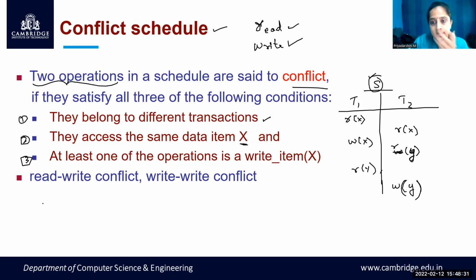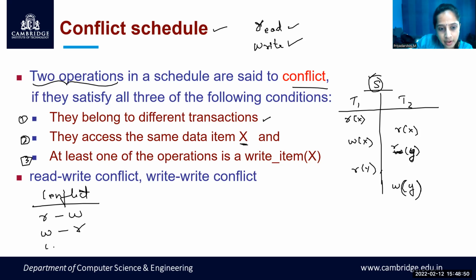If 2 transactions have read and write continuously, there are 3 cases of conflict scenario: read-write, write-read, and write-write.